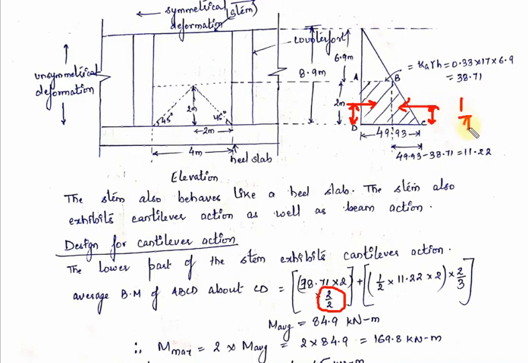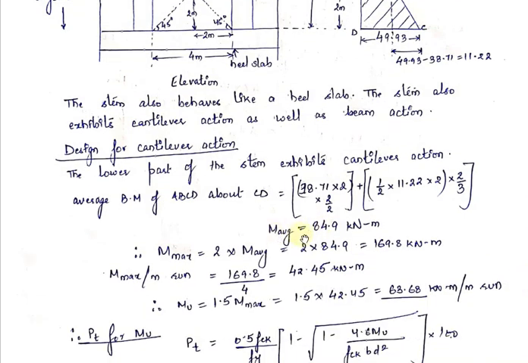The height of the triangle is 2, so the perpendicular distance will be 2 by 3. After calculation, I will get the value of M average to be 84.9 kilonewton meter. Therefore, M max will be 2 into M average, that is 169.8 kilonewton meter.